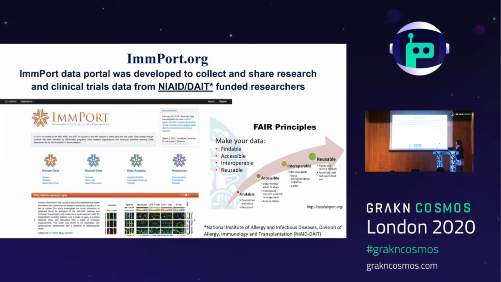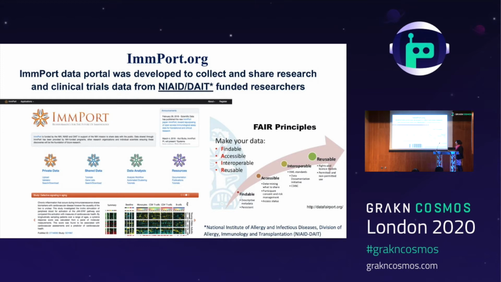So today, I'll be focusing on one of these repositories called ImmPort, and I had been the science program lead for this ImmPort project, which is funded by the National Institute of Allergy and Infectious Diseases under the NIH umbrella.